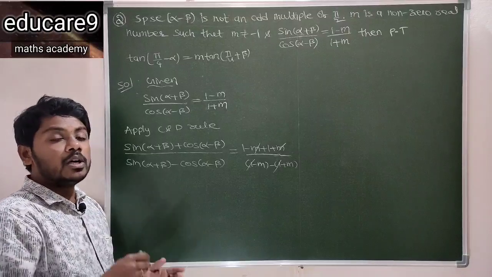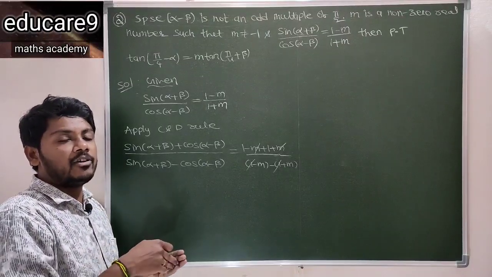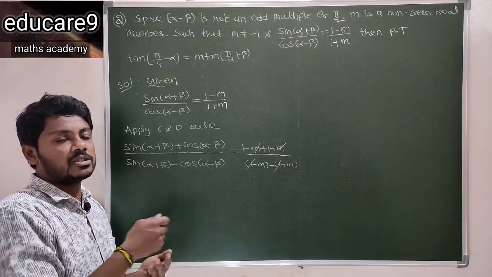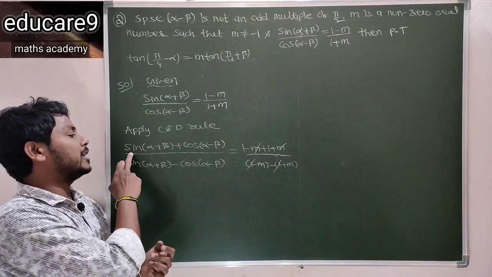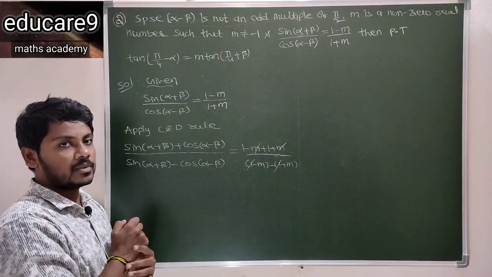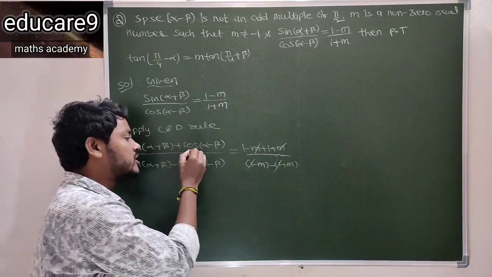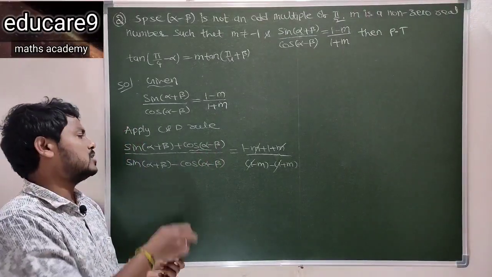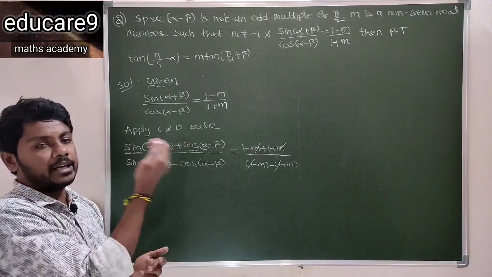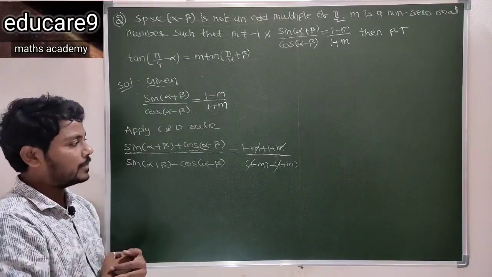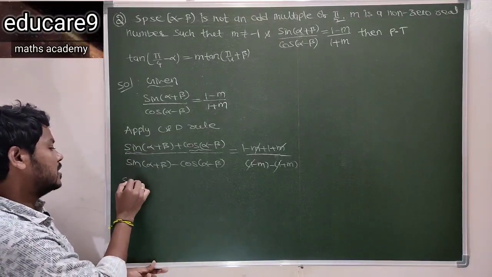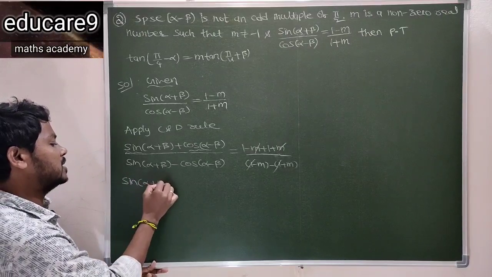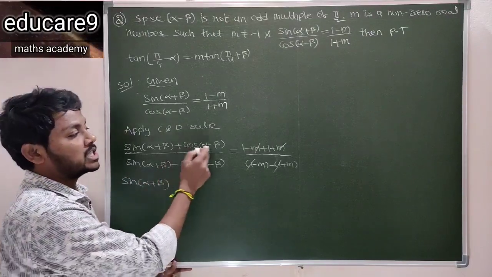Now we have sin C plus sin D formulas or cos C plus cos D formulas. But here one term is sin and another term is cos. So for that we have to change this cos term into sin, otherwise this sin term into cos. Okay. So here this can be written as sin of alpha plus beta. How to write cos theta?